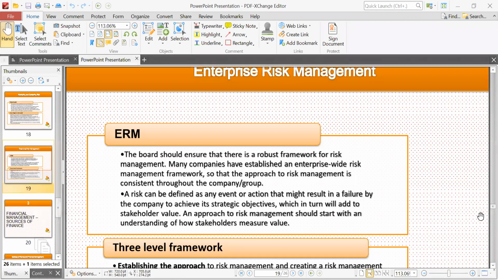So we've already explained risk management. We know what enterprise is. That's why I was asking if anyone had a clue. Nothing more, nothing less. I hope that's clear. A risk can be defined as any event, and so on. We've already talked about that.